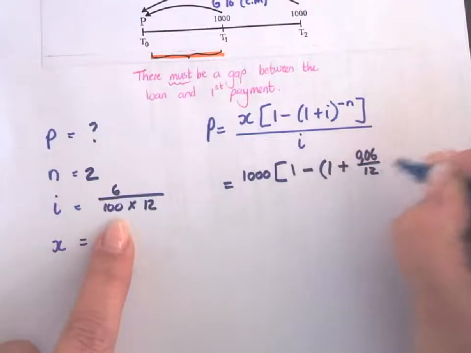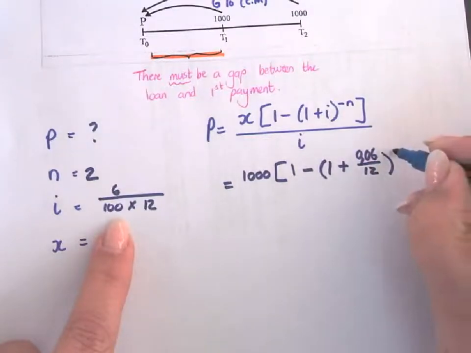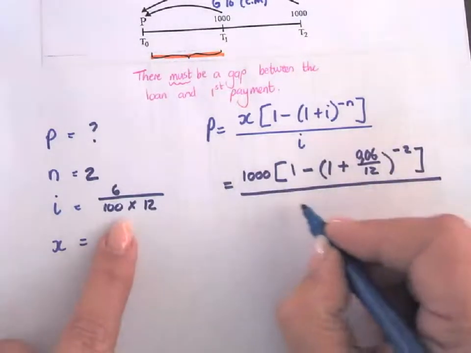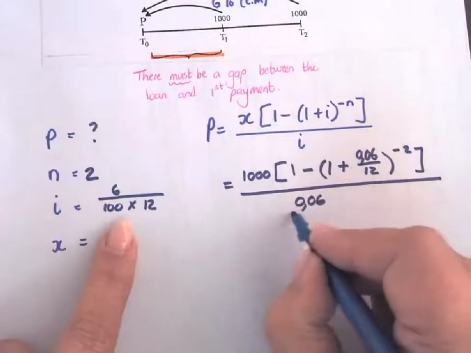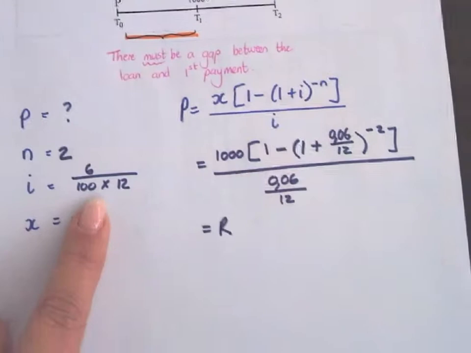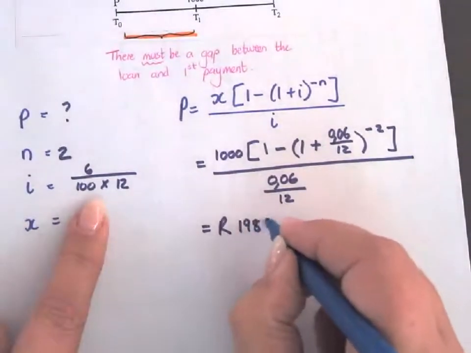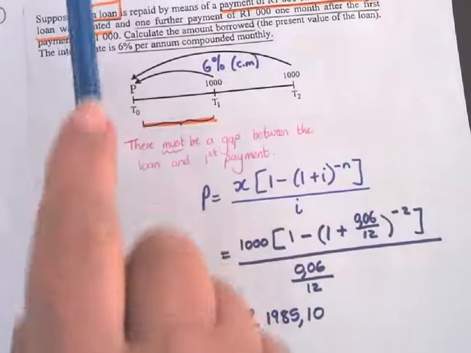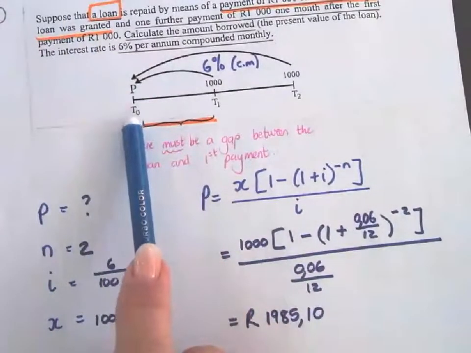Divide by 12 to the power of minus 2 over I is 0,06 over 12. And if you calculate that, you get 1985,10. Okay, this is not so difficult. The only thing that you need to know is, with present value, you receive the money at the beginning, and it's a loan, and you have to pay it off monthly.